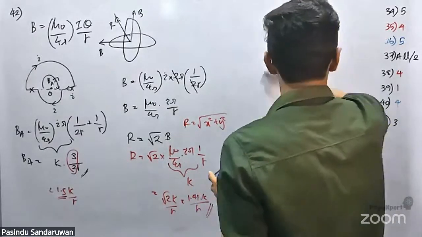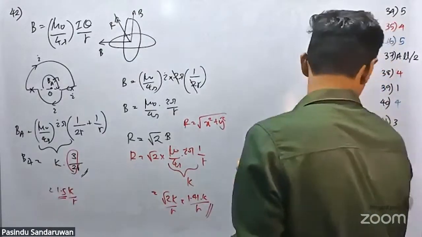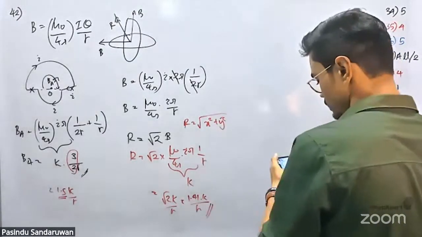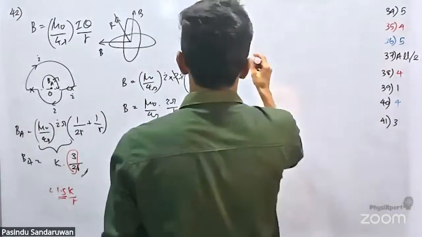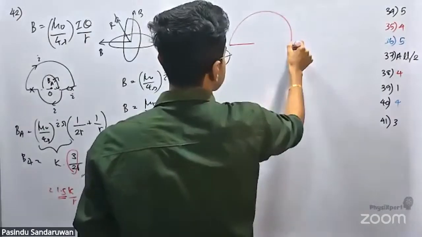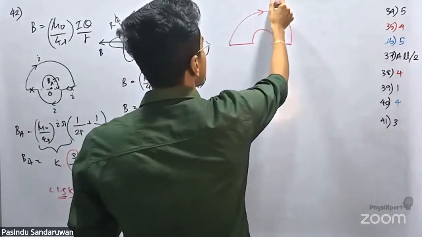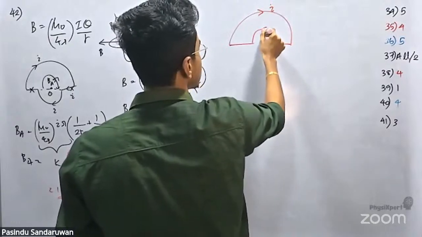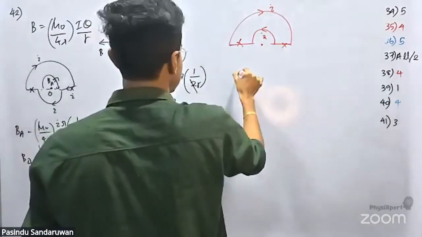For the third scenario, this is how the current flows. Now from these two parts, again, no magnetic field is coming.